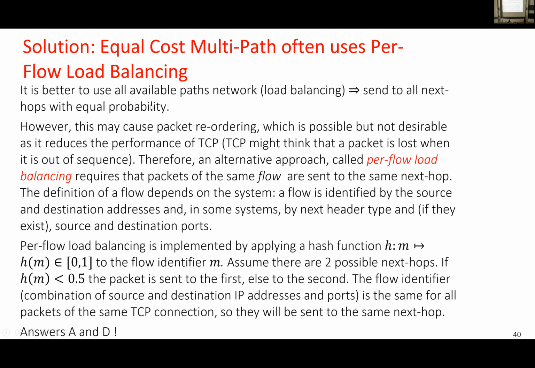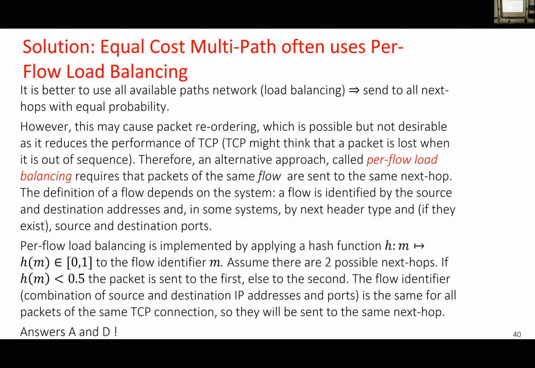How can that be done in practice? Well, in practice, you will apply a hash function to the flow identifier, which is, for example, the combination of source and destination IP addresses and port numbers, if you have some that are available here. And if there are two possible next hops, then you hash this, and if your hash function is good, the outcome of the hash function appears to be uniformly distributed between 0 and 1.